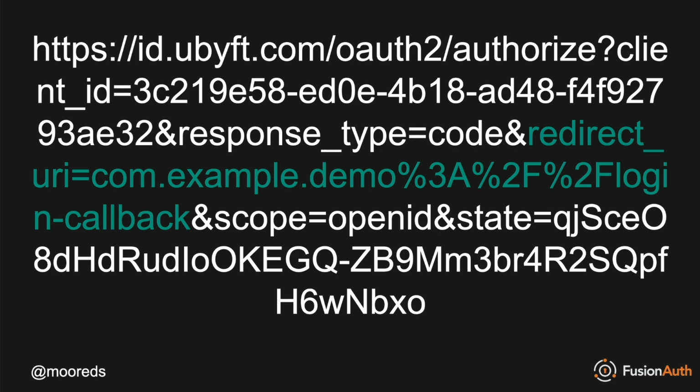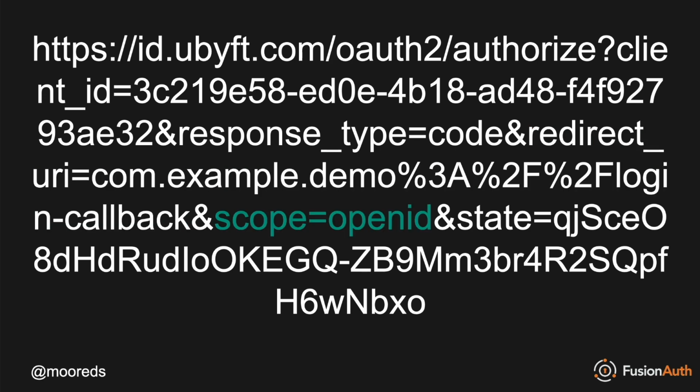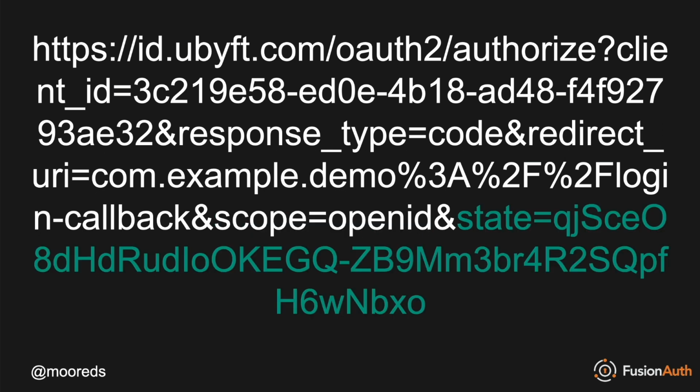But for a mobile app, that's going to be a deep link URL into your application. We have a scope here, and the scope basically says, hey, we want to do OpenID as well as the normal OAuth Authorization Code Grant. And finally, we have a state parameter, and the state parameter is used in a couple of different ways. It can be used for security purposes. It can also be used to deep link into a certain state of your application.